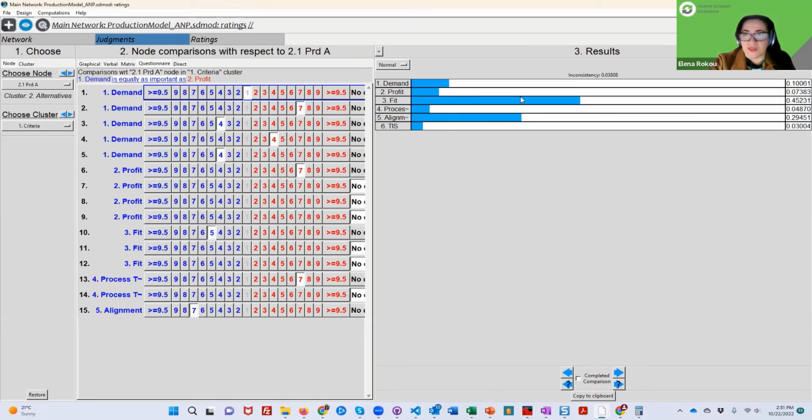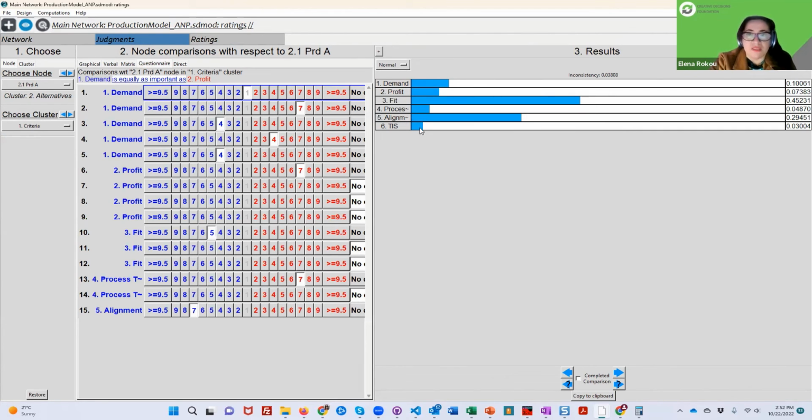Demand, profit, fit. How do we read this one? It says that product A has a really good fit and alignment with the goals of the company. The demand is not very good. Profit, also not very good.